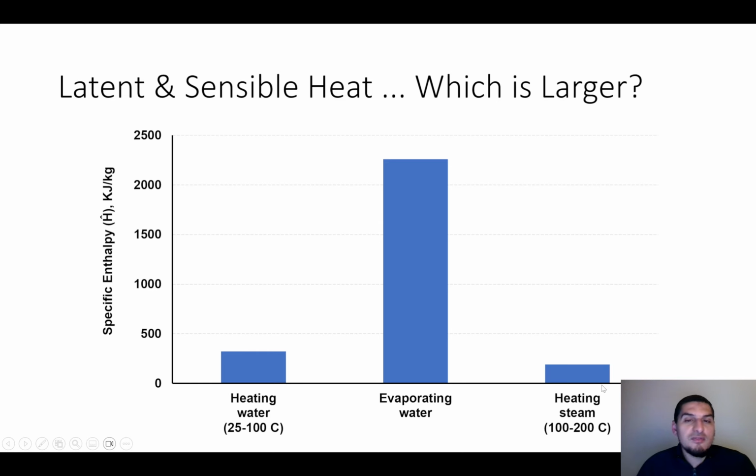It's very small. You can see this value is around 2300 almost, and this is 300. So this is more than seven times the sensible heat. This is very important information to know, that we really depend on the latent heat much more than the sensible heat. So this is the first thing that we need to know.